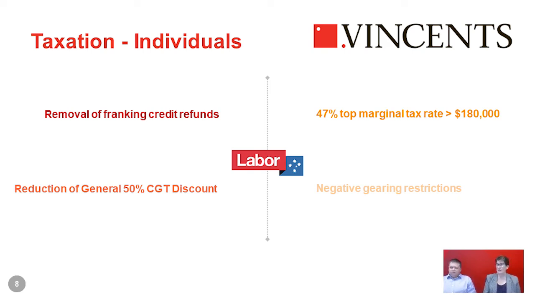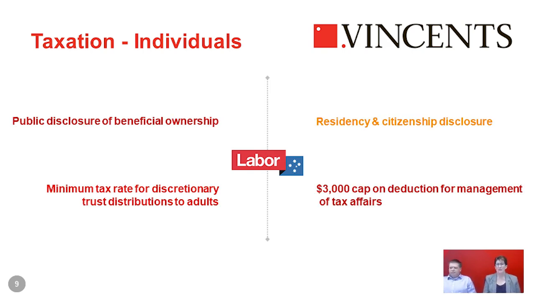So as far as the other things for individuals, the Labor Party would like the listed companies and trusts to disclose the beneficial ownership of those companies and trusts. So a publicly accessible register that shows who is actually owning the companies and trusts that are listed on the exchange.